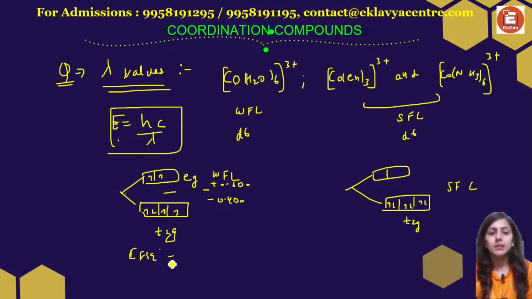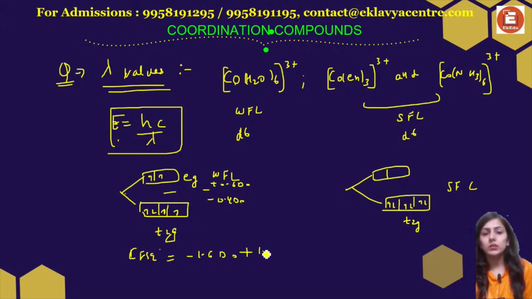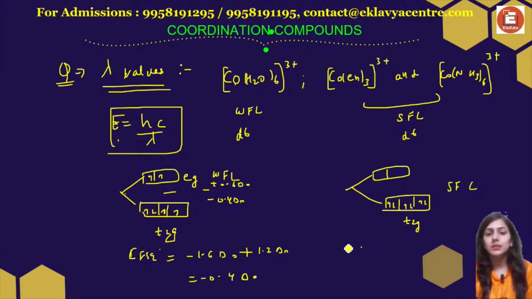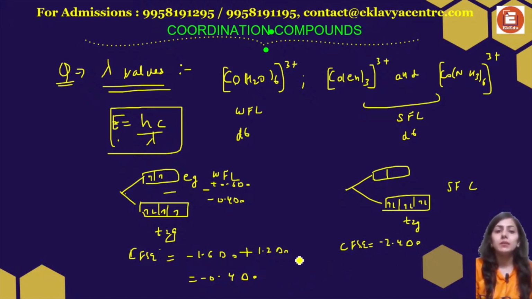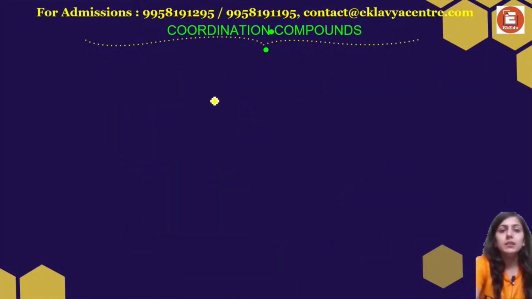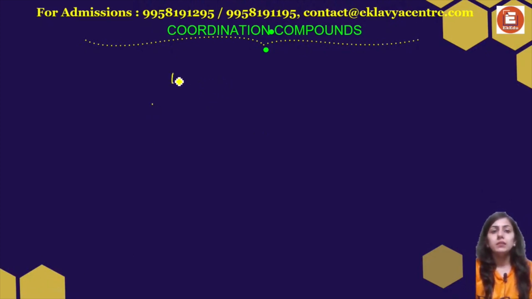So 4 fours are 16, minus 1.6 delta, plus 6 twos are 12, so its value is minus 0.4 delta. For the strong field ligand, its value is minus 2.4 delta. Which energy value is higher? It's for the weak field ligand, since minus 0.4 is higher than minus 2.4. Therefore, the energy value for the weak field ligand is higher than that of the strong field ligand.